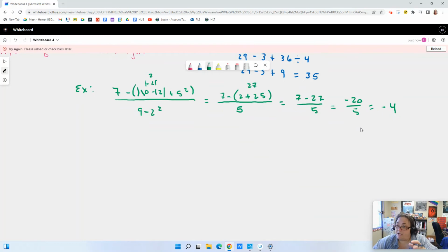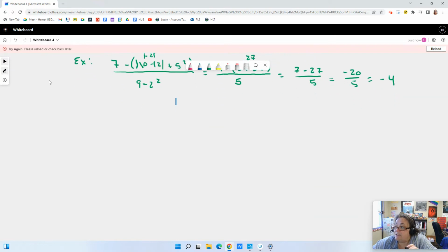The other thing that you're going to have to do in your Delta Math is deal with evaluating expressions. When we're evaluating expressions, it always means the same thing in math. When they talk about evaluating in math, they're always going to give you something to plug in and you have to solve it.